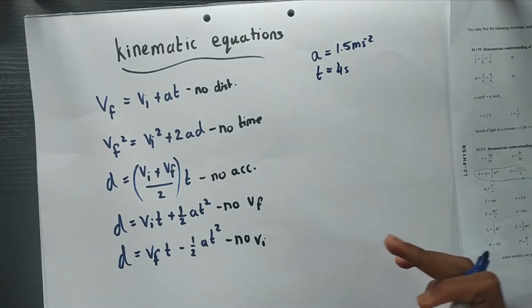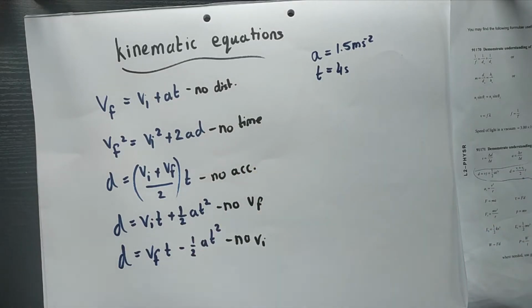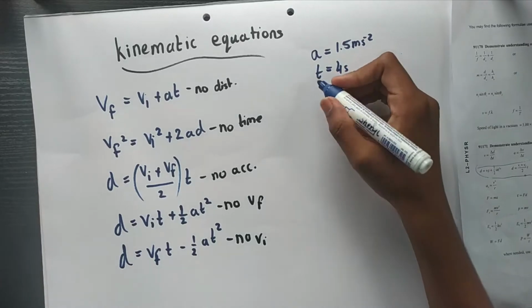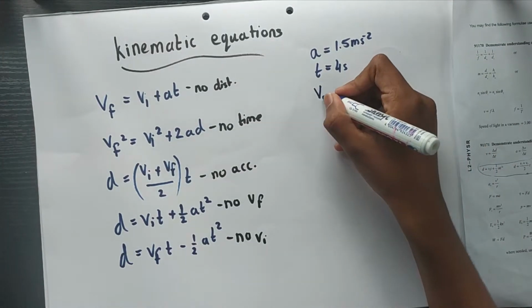However, I said before, we needed 3 things, right? So the third thing, we got info from the question. A standing start means they're not moving, which means their initial velocity is 0 because they're starting.